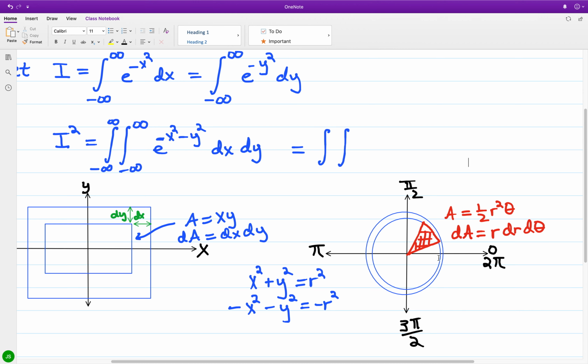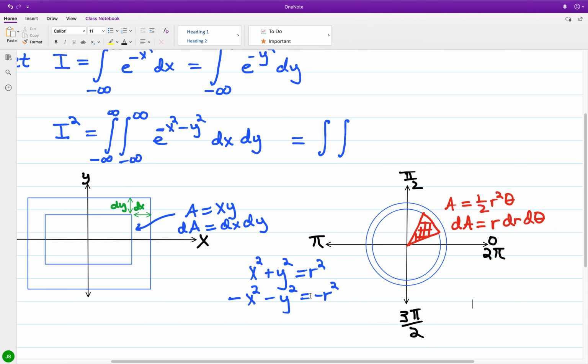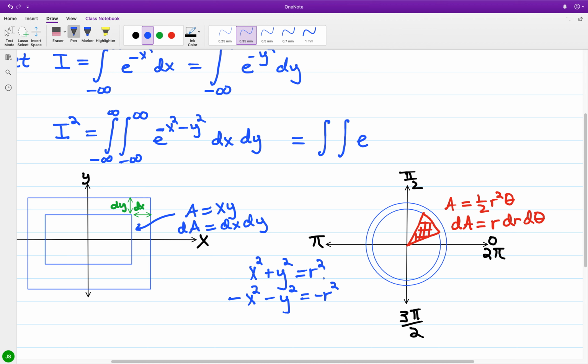Now, in the crossover, upon replacement, we're going to have e to the negative r squared r dr d theta. And for what we have in the layout for the radius, you have the circle, so 0 is less than or equal to r, which is approaching infinity.